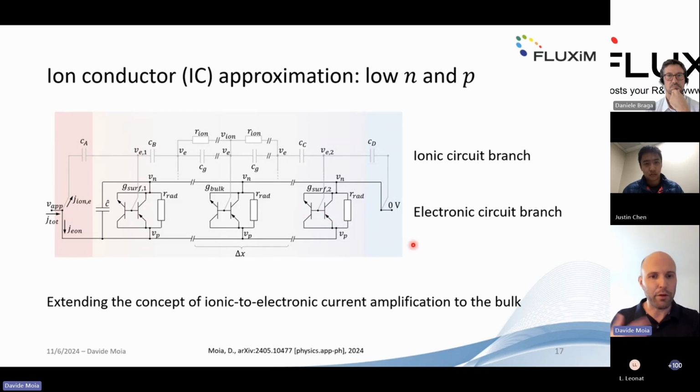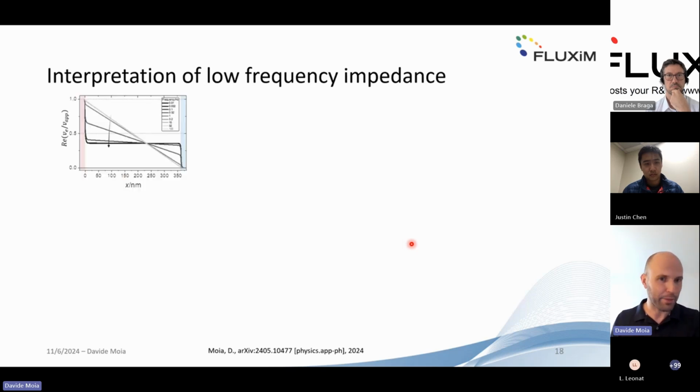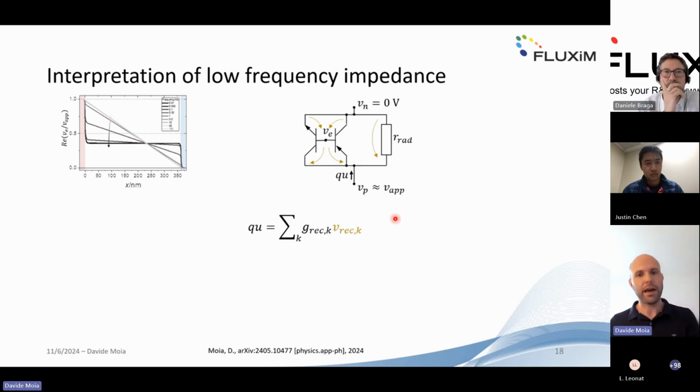Now, just to give you an example of how this can help us to decipher impedance spectra, we can think about, again, how the electrostatic potential changes as a function of frequency within the bulk of the perovskite solar cell. And so this is, again, going from a linear profile at fast frequency, going to a flat profile when ions are allowed to redistribute. Now, based on this model, we know that we have to identify the process whose transconductance is dominant.